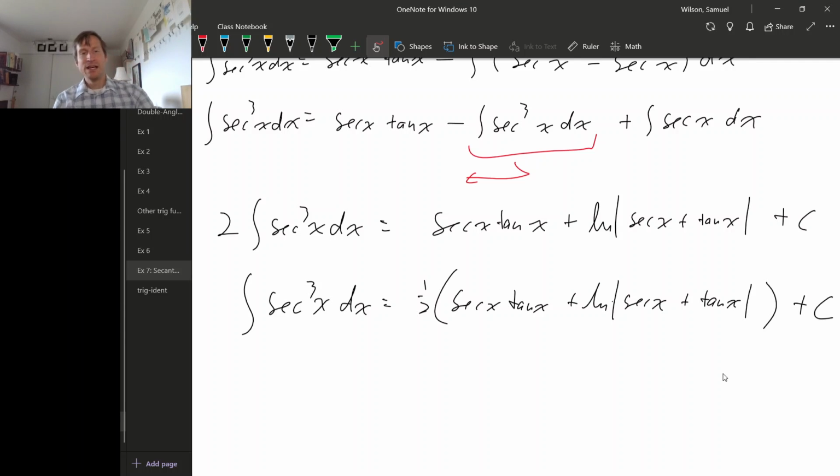Okay, so the point of this example is not that this is a formula that you should remember, right? If you ever need to know the integral of secant cubed, I would recommend you just look it up because secant cubed doesn't show up that often.